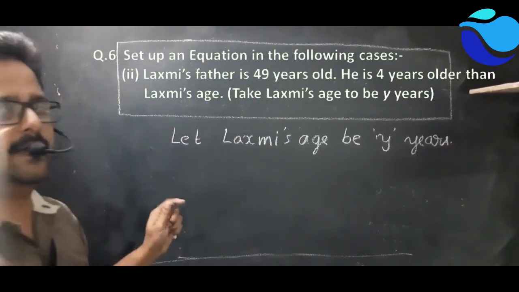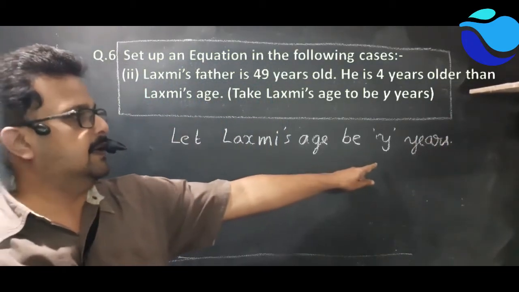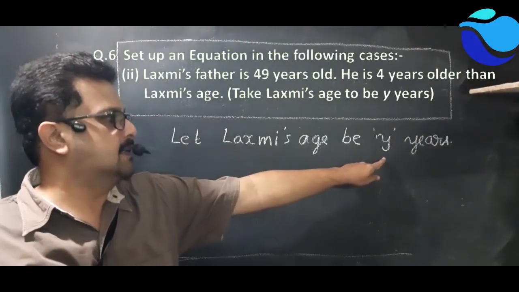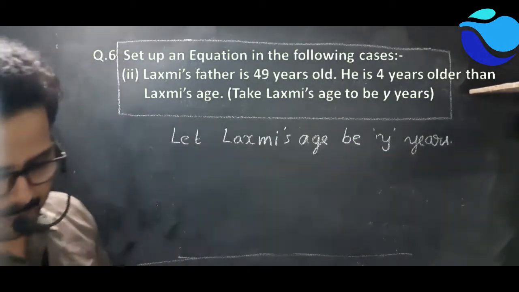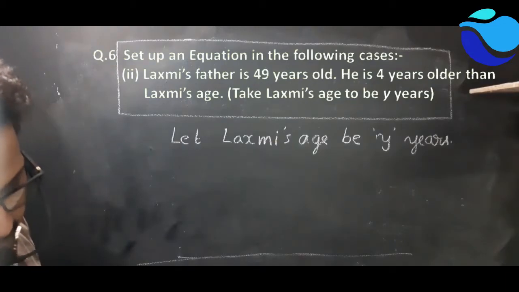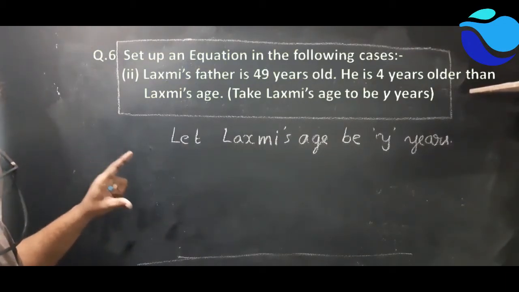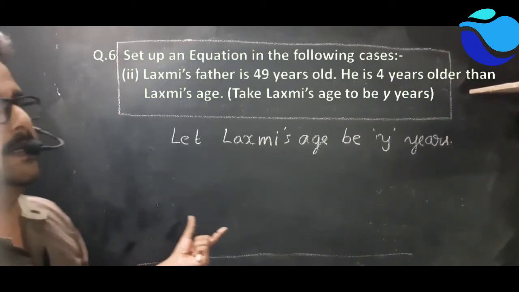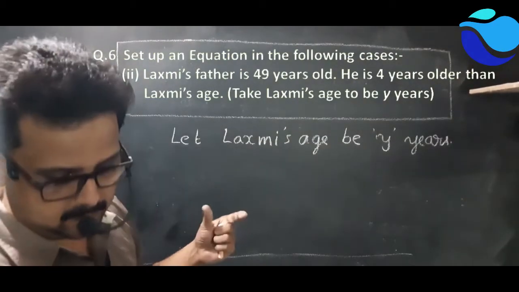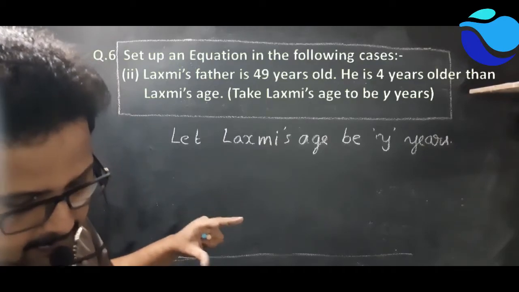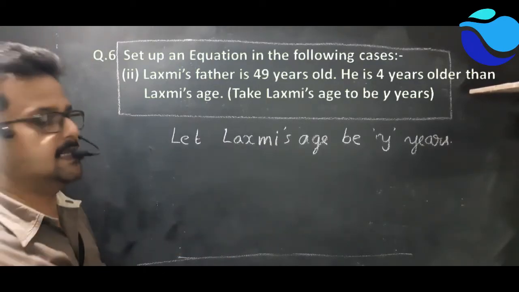Since we have to find out Lakshmi's age, we are taking her age as variable y. And it is already given that her father is 49 years old and 4 years older than. That means plus 4. 4 years older than how many times? 3 times Lakshmi's age.